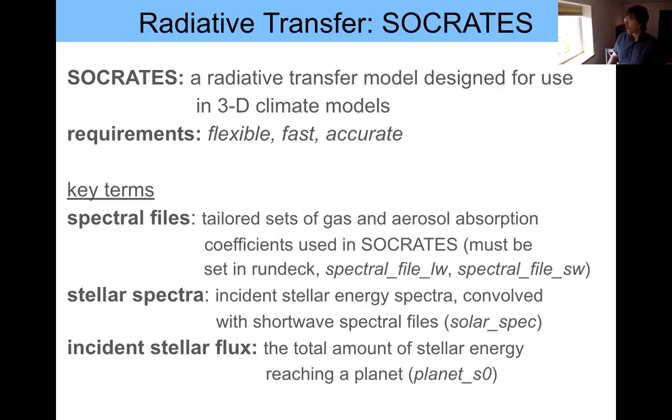It would be very challenging to make one spectrophile, one grid of absorption coefficients to rule them all, in the context of a GCM where we need to limit the number of spectral bands. So these spectrophiles are tailored sets of gas and aerosol absorption coefficients and cloud properties that we use in Socrates. They're set in the run deck under Spectrophile LW and Spectrophile SW. And I'll talk a little bit more about them on the next slide.